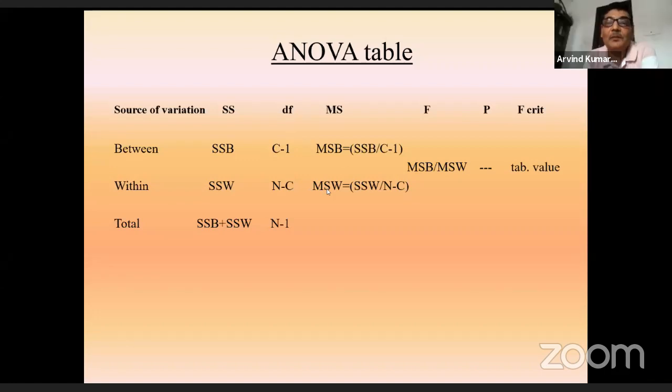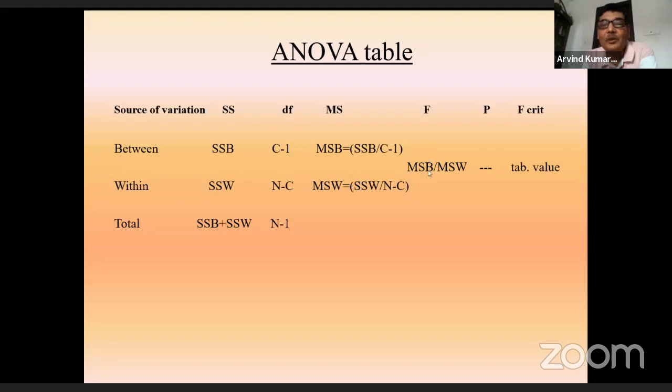So see, MSW means mean of square within the samples. This can be obtained by dividing SSW by its degree of freedom. Now, since we have MSB as well as MSW values, by dividing MSB by MSW, one can get the F value.